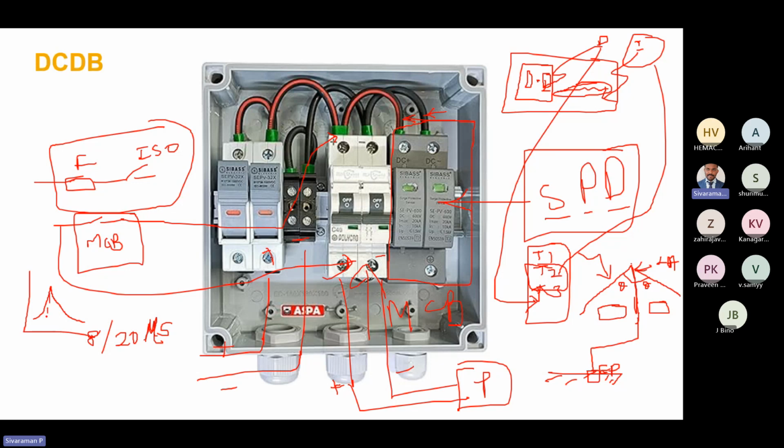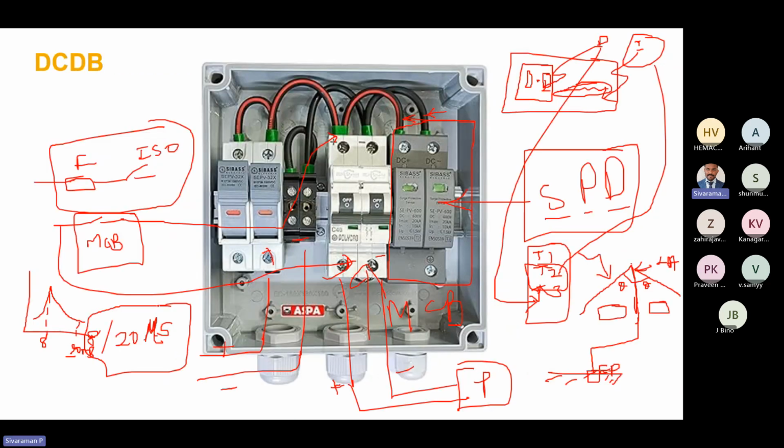So this time normally 8 and this will be 20. So this is the characteristics of the SPD of type 2. Similarly, for type 3, the direct stroke, this will not be an 8/20 type of characteristics, it has some different characteristics.